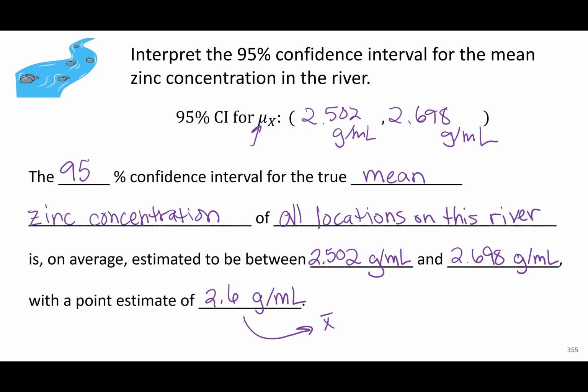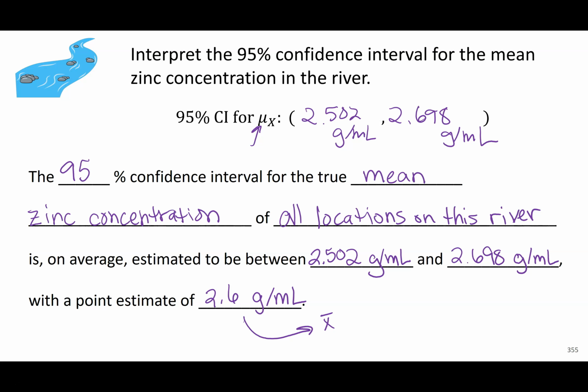So put it all together. Our 95% confidence interval for the true mean zinc concentration of all locations on this river is estimated to be between 2.502 grams per milliliter and 2.698 grams per milliliter, with a point estimate of 2.6 grams per milliliter.